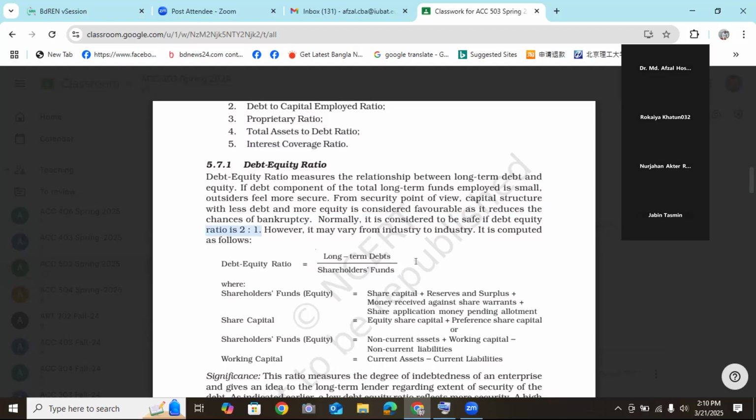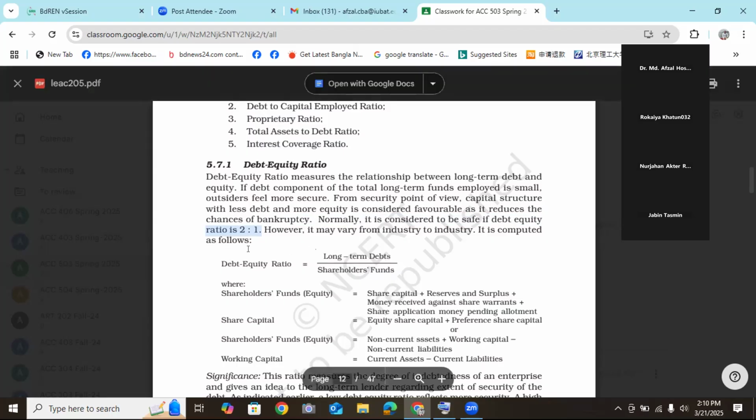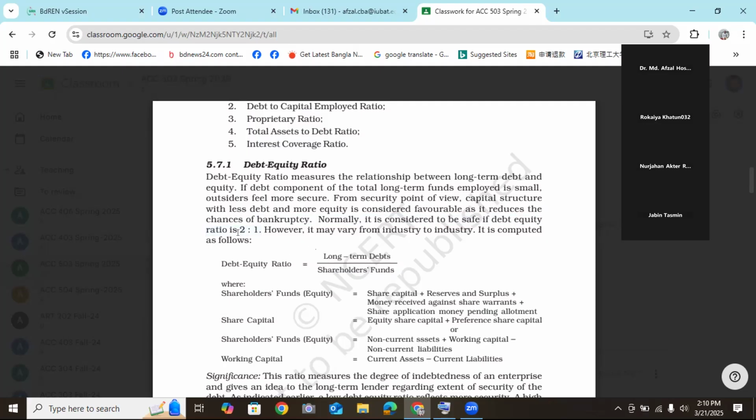That means if 2 is to 1, is the 2 debt or equity? What do you think? And is the 1 debt or equity? I think the 2 is equity and 1 is debt.